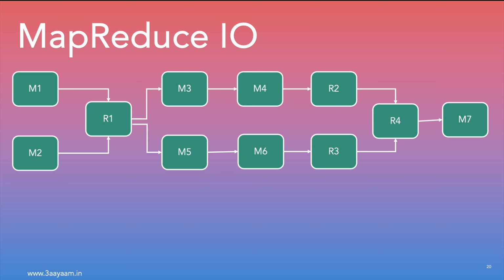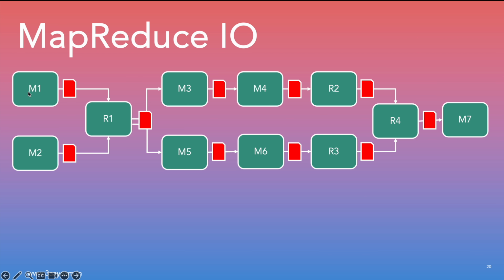Without the input and output files, these are the places where the MapReduce task would write to temporary files or read from temporary files. So imagine the number of IO that would happen if the input file sizes are, let's say, 100 GB and 100 GB. This would be 125, this will be 125, let's say 250 plus maybe 100 GB, 350 plus 375 plus 375 plus maybe 100 GB. You do the math. For only 3 files, so many IO are happening.